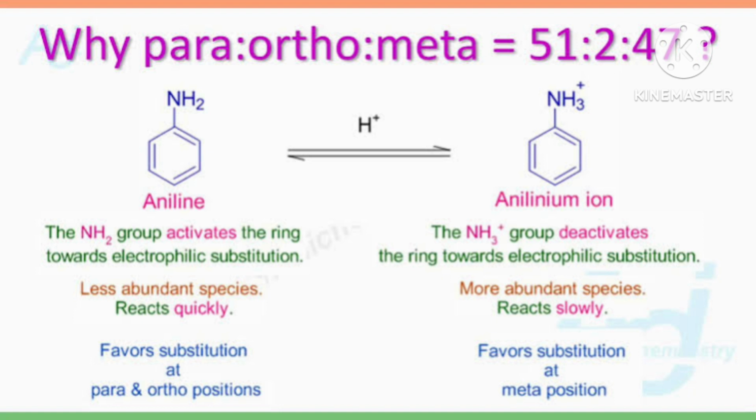You want only the para position. That's why you have protected the NH2 group, by acetylation with acetic anhydride. Then you will get a major product as para-nitro acid anilide.